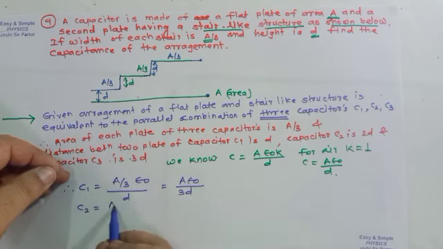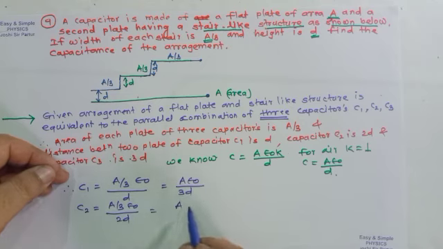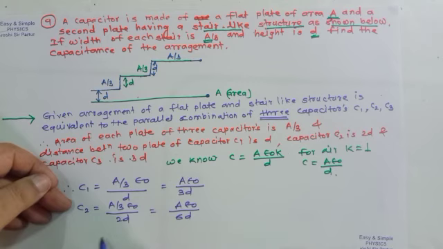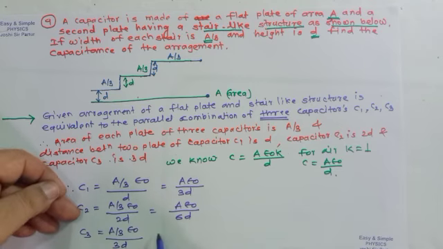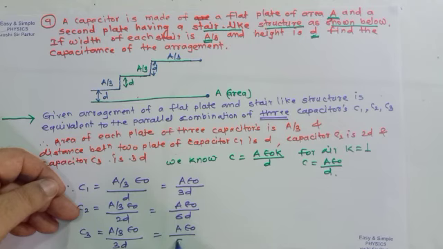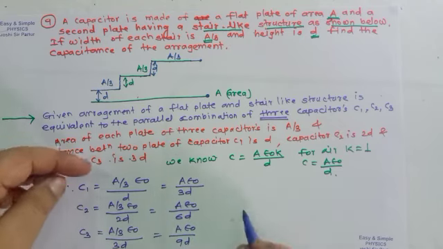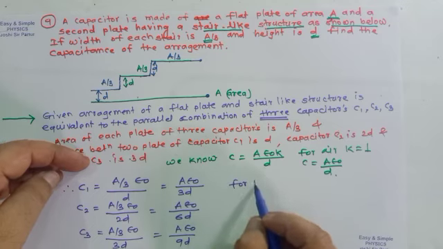C2 is equal to A upon 3 epsilon 0 upon 2D, will be A epsilon 0 upon 6D, and C3 will be A upon 3 epsilon 0 upon 3D, it will be A epsilon 0 upon 9D.